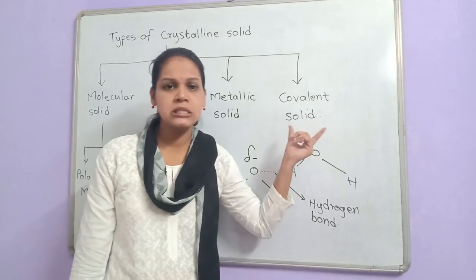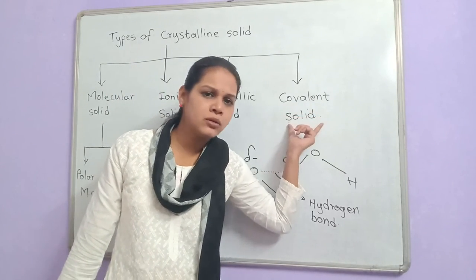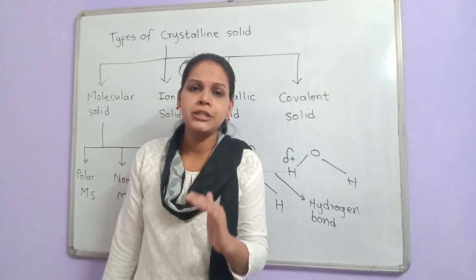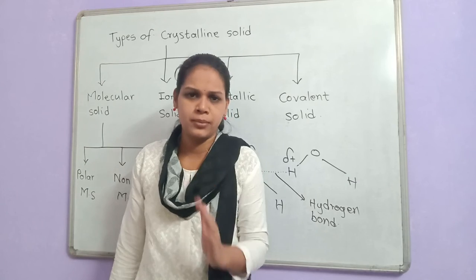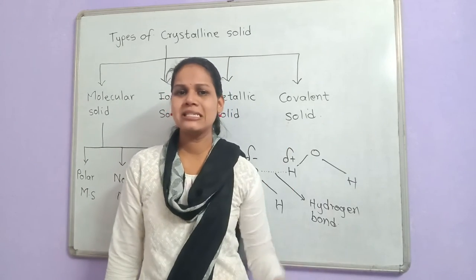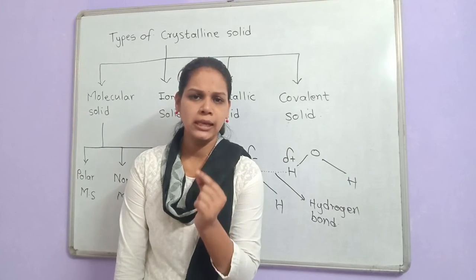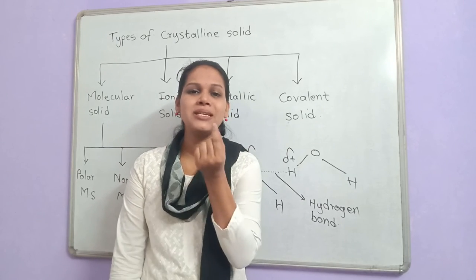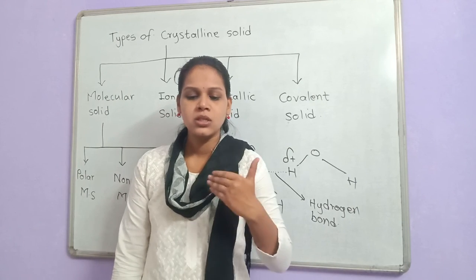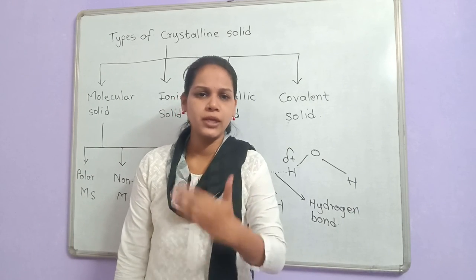But graphite is an example of a covalent solid which is a good conductor of electricity, and it is due to the sp2 hybridization of carbon atoms. Due to sp2 hybridization, one electron of each carbon atom is free or mobile, which is responsible for charge carrying or conduction of electricity.